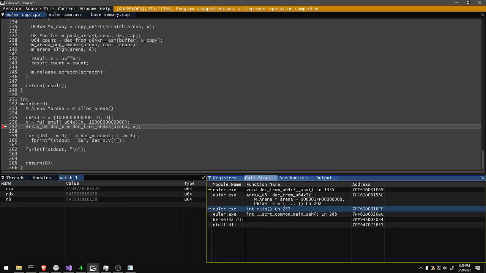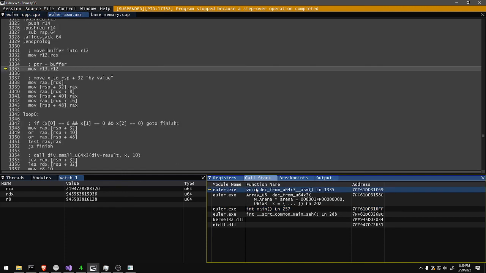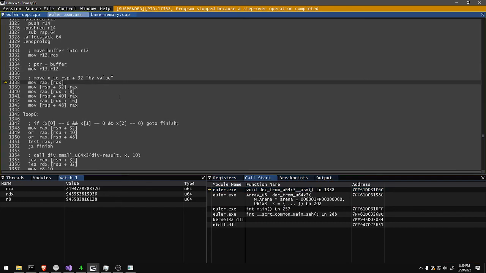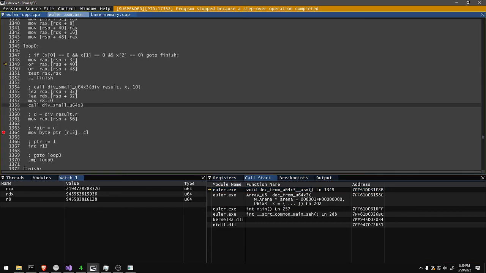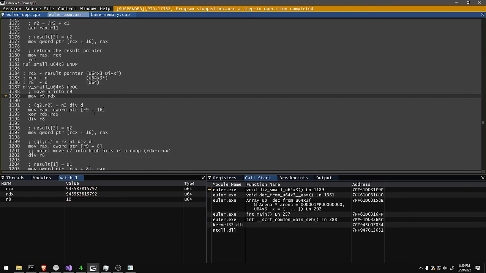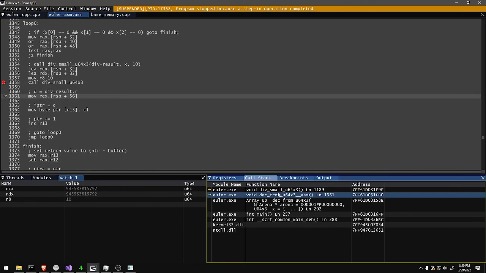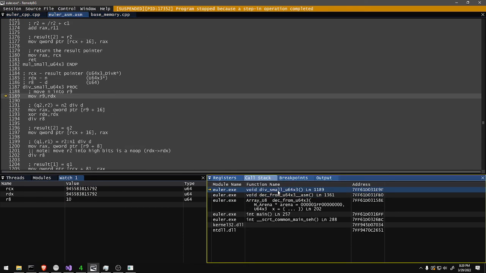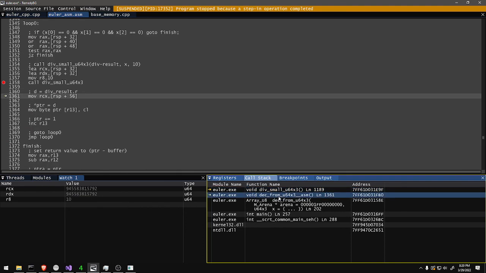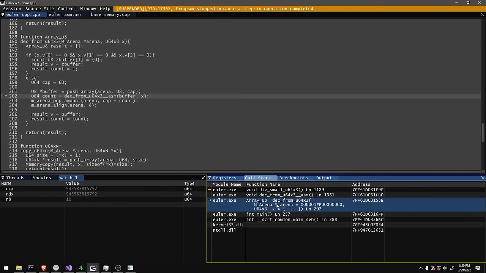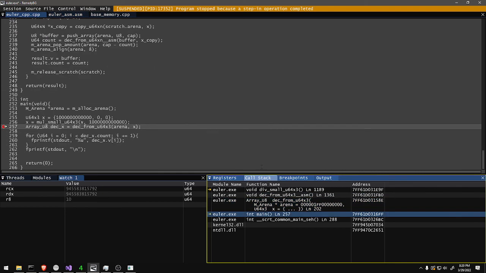Awesome. Let's see, maybe we run to that function call there, step in. So now we have multiple stages of unwinding. We have the div function, we have dec from U64 by 3, and all the way back to here. Okay.